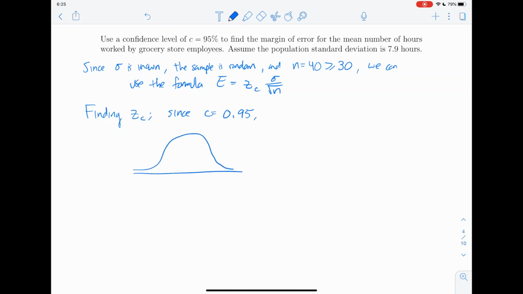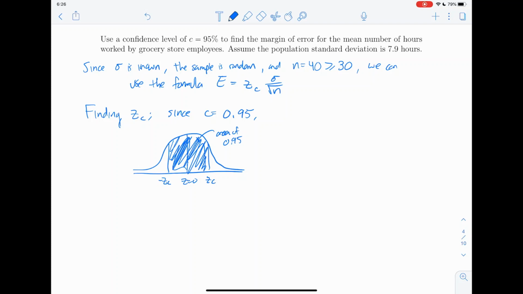So we'll draw our sample distribution. Here's z equals 0. To the left, we have negative z sub c. To the right, we have positive z sub c, and in particular, we want this shaded region in between. We want this to have an area of 0.95.